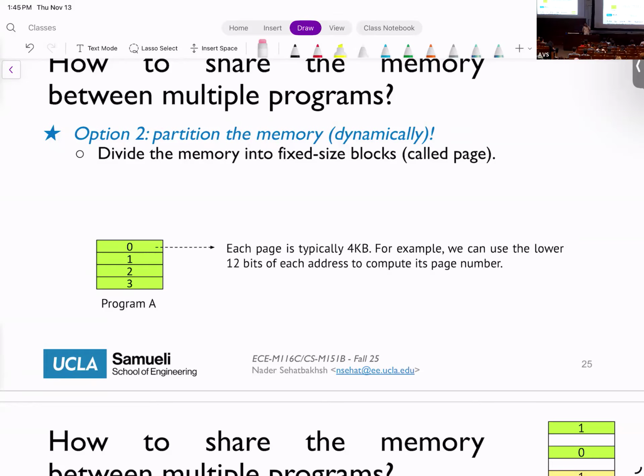So if I have 4 kilobytes of data, I need 12 bits, because log2 of 4 kilobytes is 12. So this gives you the lower 12 bits of the address is always the page offset in my design, okay?